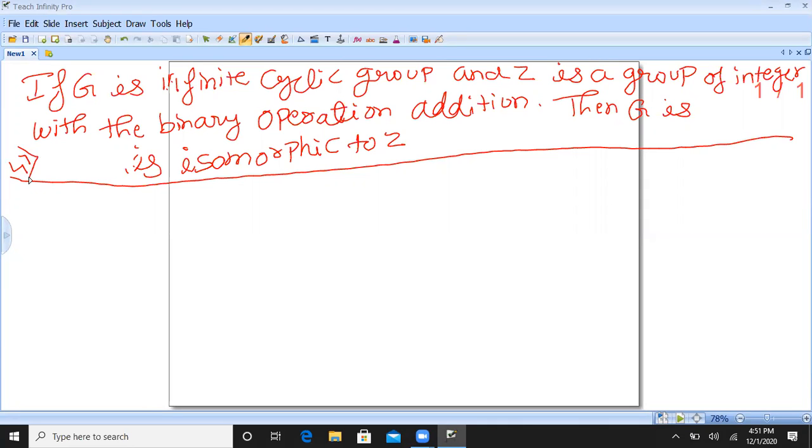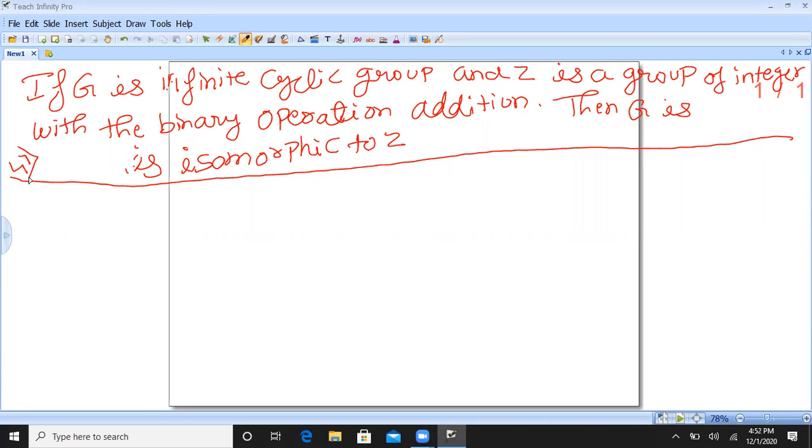The statement says: if G is an infinite cyclic group and Z is the group of integers with the binary operation addition, then G is isomorphic to Z. What does the statement say here?